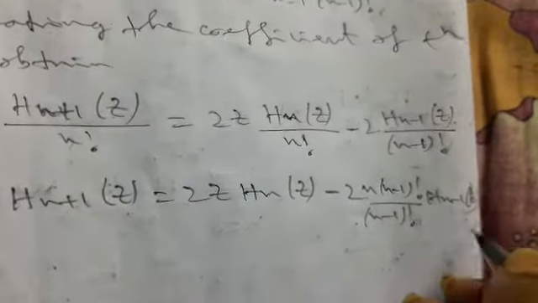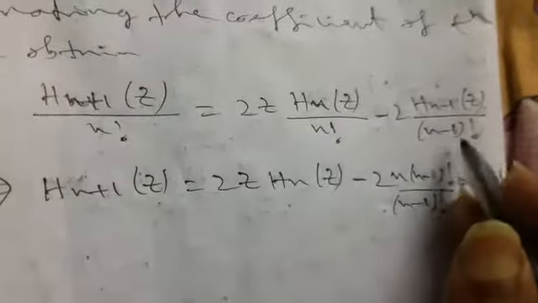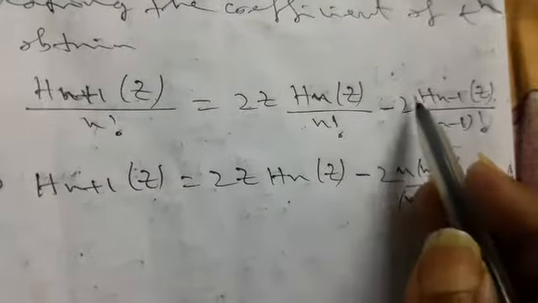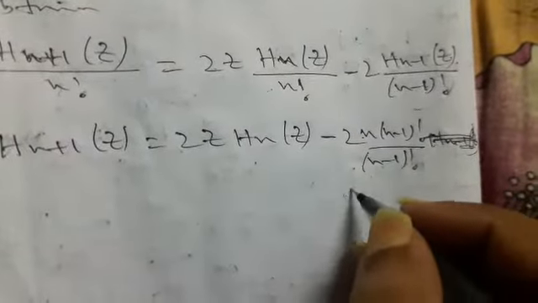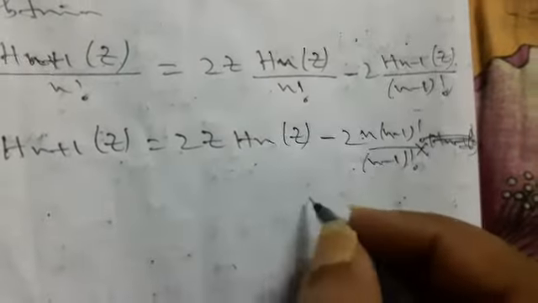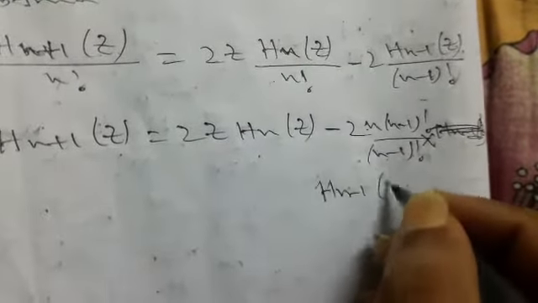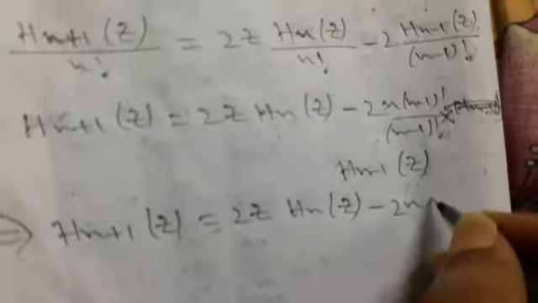And if we derive this result, multiplying on both sides by n factorial, n factorial will be written as n into n minus 1 factorial, multiplied into Hn minus 1(z). So it will be cancelled. Finally it will be Hn plus 1(z) equals 2z Hn(z) minus 2n Hn minus 1(z).